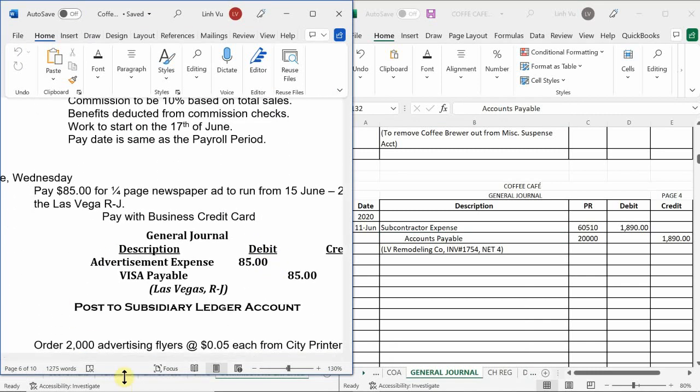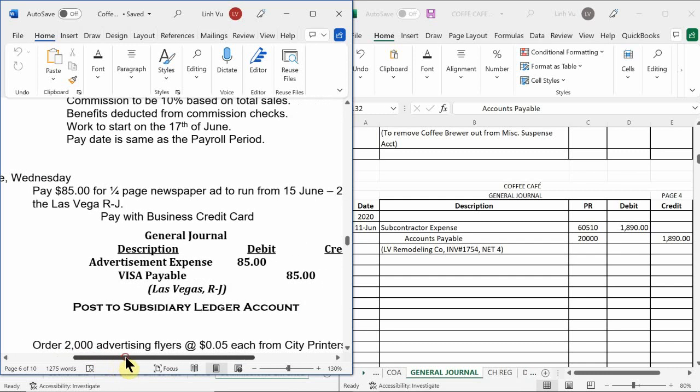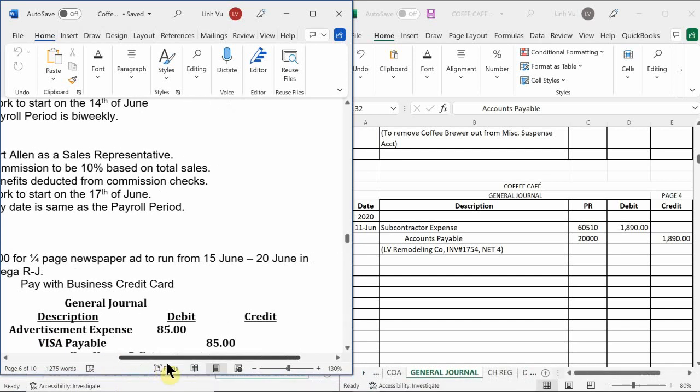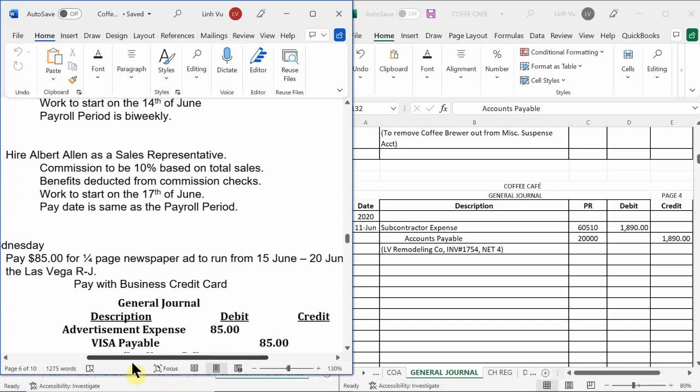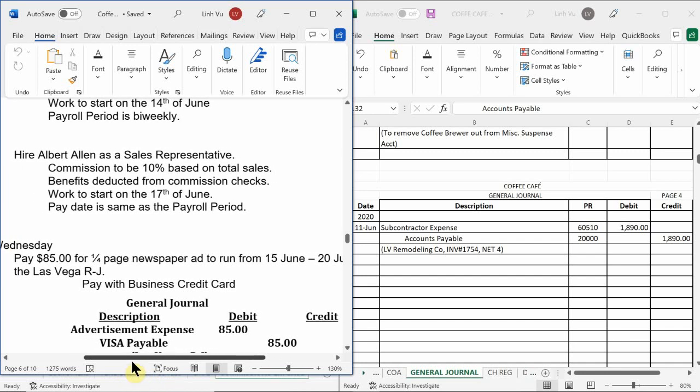So now it's a new day. It's Wednesday, June 12th, and we are going to pay $85 for a fourth of a page newspaper ad to be run from the 15th of June all the way to the 20th of June in the Las Vegas Register Journal.